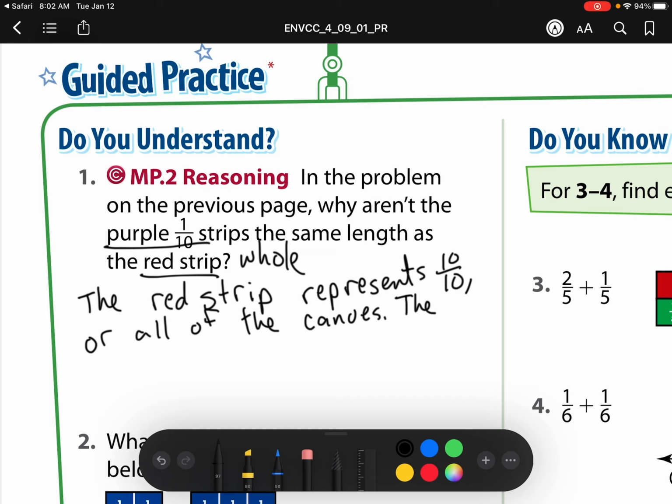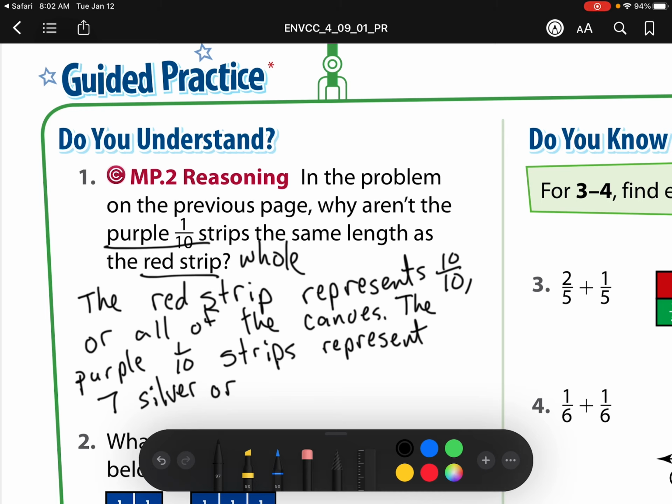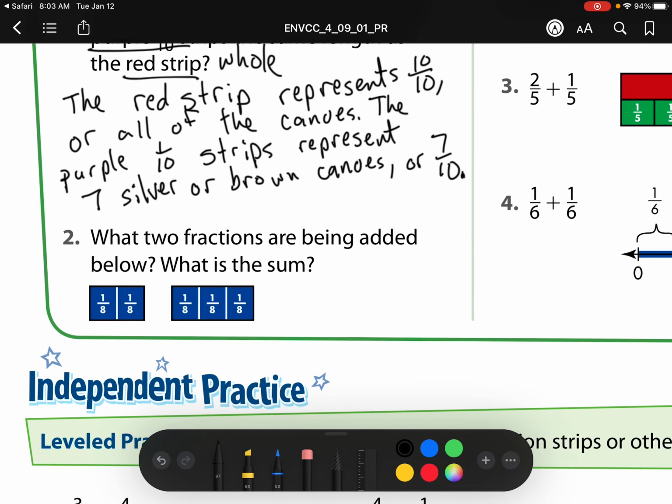They represent 7 silver or brown canoes, which is 7/10. So remember, one's representing the whole and the other is representing each individual canoe.